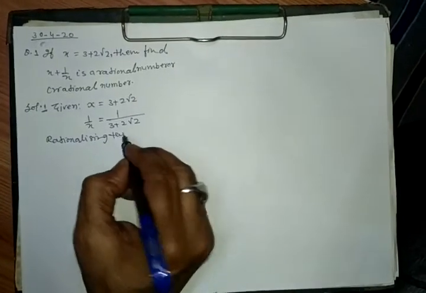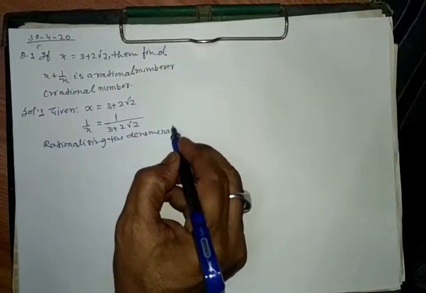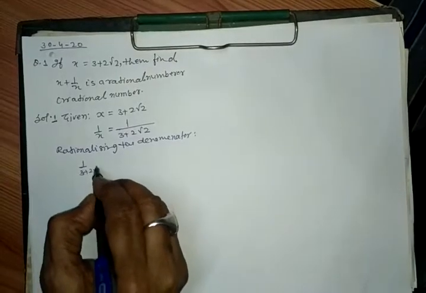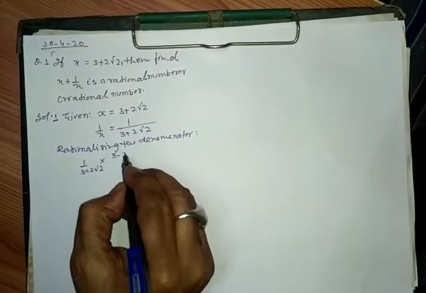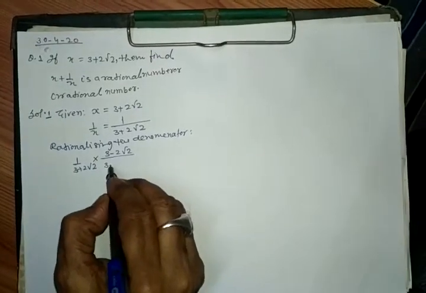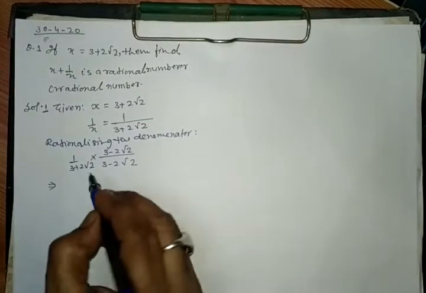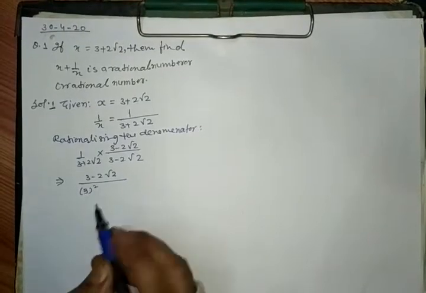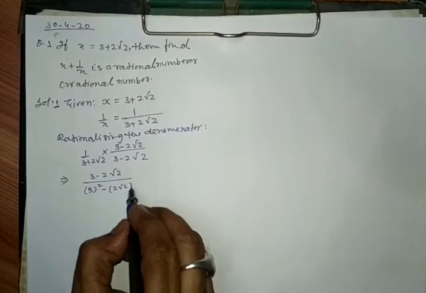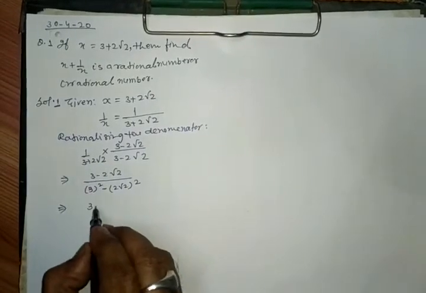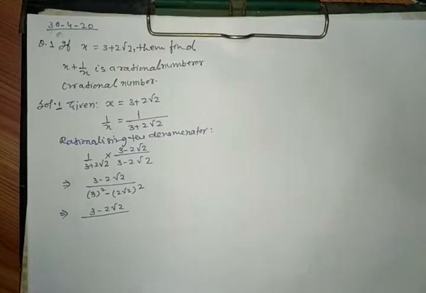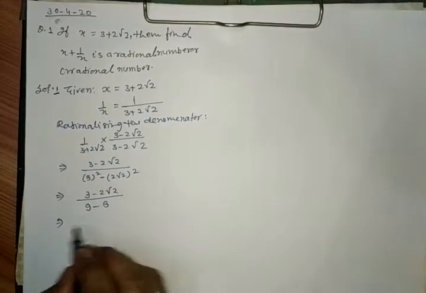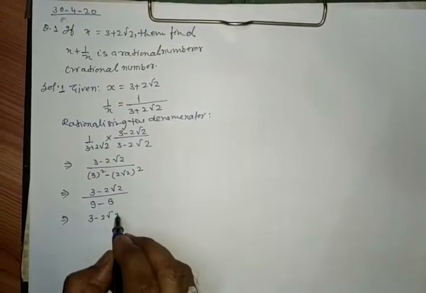Rationalizing the denominator, 1 upon 3 plus 2 root 2 multiplied by 3 minus 2 root 2 upon 3 minus 2 root 2, that is 3 minus 2 root 2 upon 3 square minus (2 root 2) square, equals 3 minus 2 root 2 upon 9 minus 8, that is 3 minus 2 root 2.